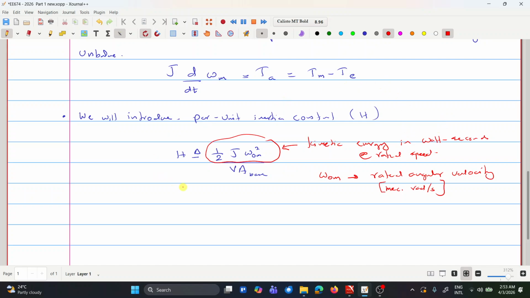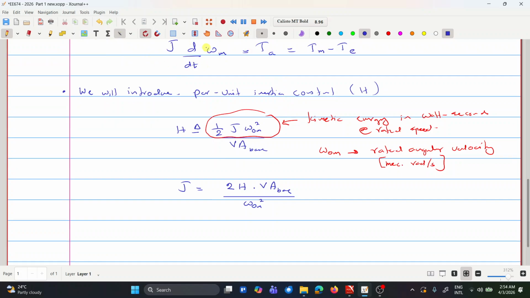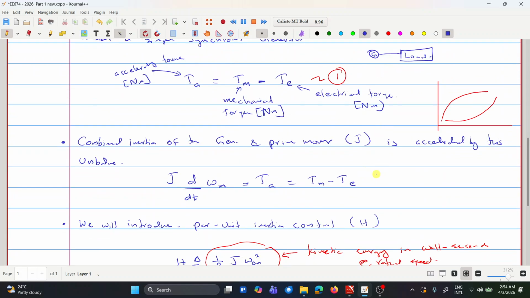From this we can now write an equation for the inertia, that would be equal to 2 times the per unit inertia constant times the VA base divided by omega 0m squared. Let's say this is equation number 2.